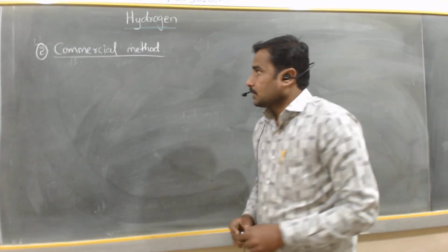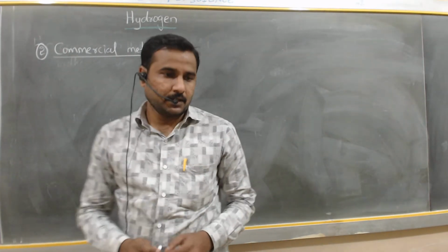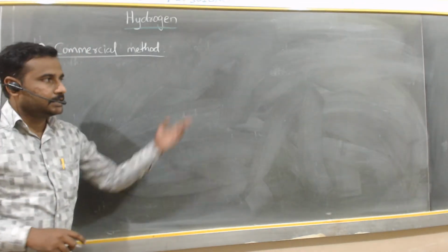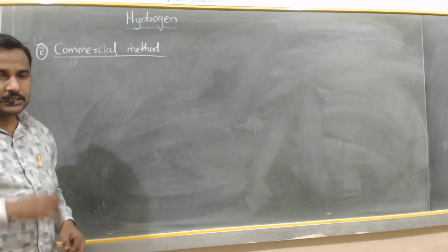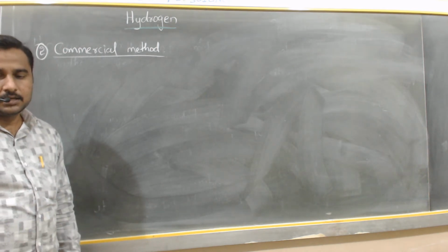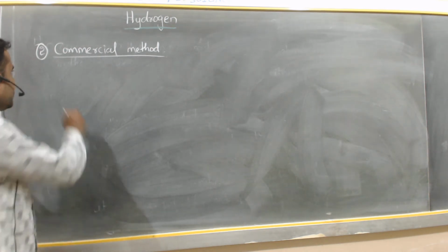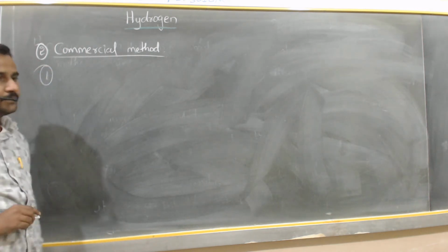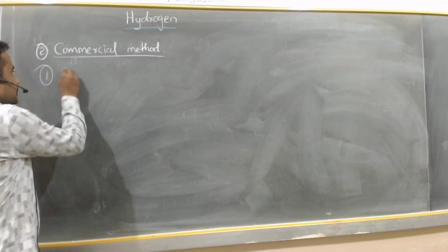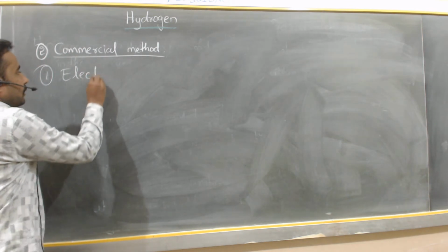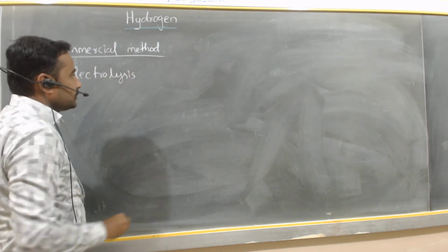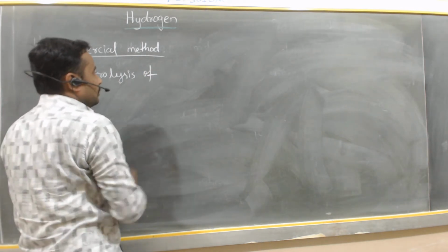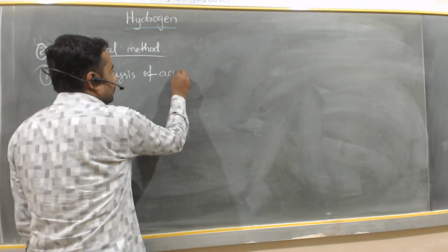Students, the next concept is the commercial method. We have studied the laboratory method. Commercial method means they are producing in a large quantity. So what is the first method?